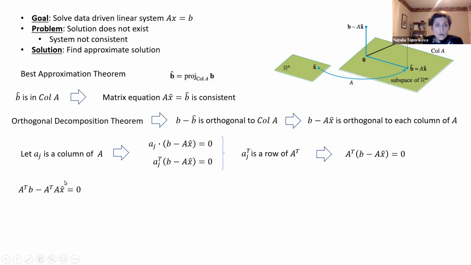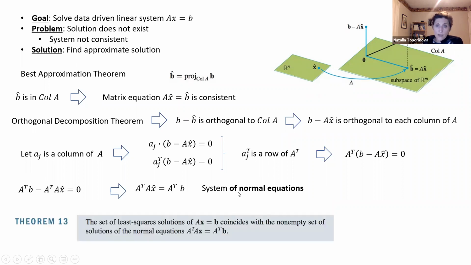Now let's reorganize our terms and keep everything which has x hat on the left side and everything which doesn't on the right-hand side. So we have a new equation, a very interesting and very useful one. It's called the system of normal equations. Although it looks a little bit clunkier, it's actually easier to solve.